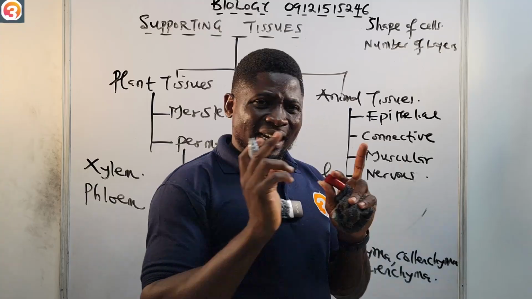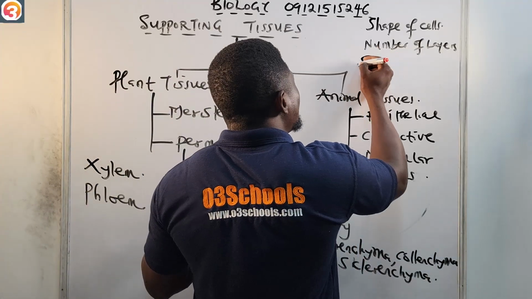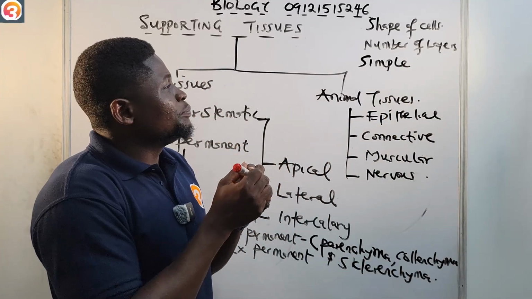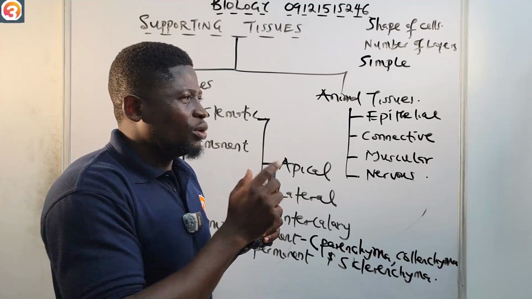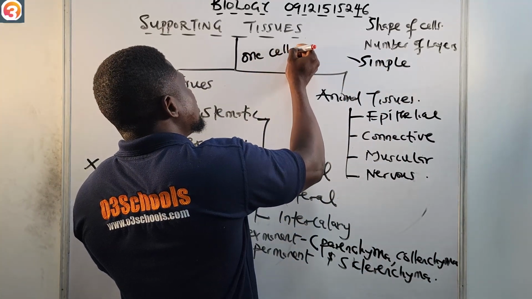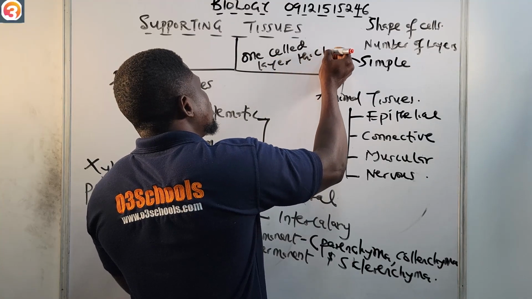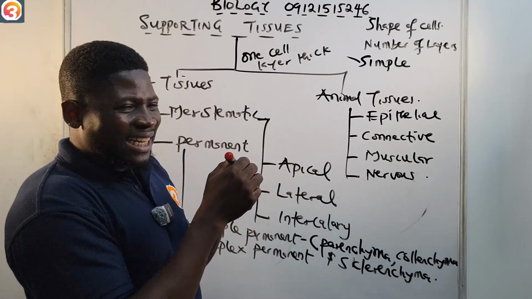Based on number of layers, we have two types. Number one is the simple epithelium. This simple epithelium means that they are one cell layer thick.